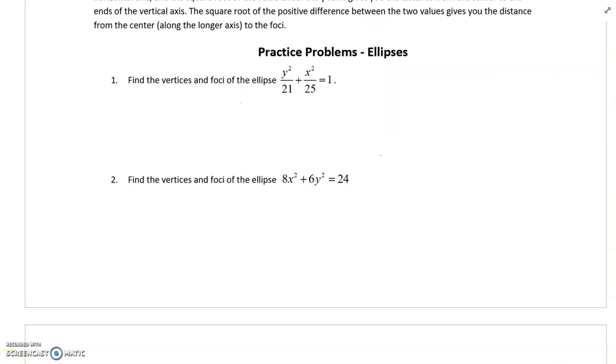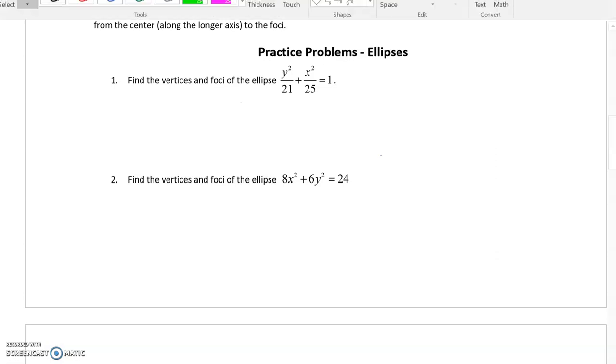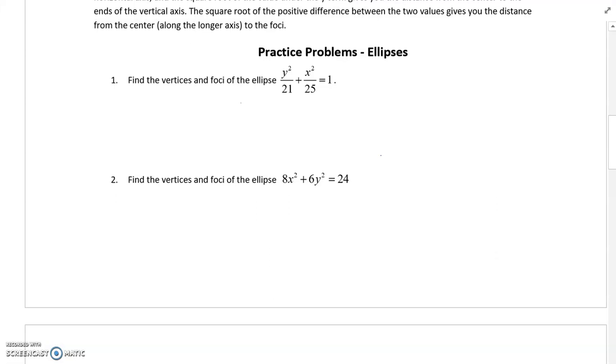Okay, so in the first problem, the center is 0, 0, since we don't see an H and a K, and the larger number is under the X term. Notice they're not in the same order we're used to, so you've got to watch the X versus the Y. So the longer direction is in the X term, so it's a horizontal ellipse with a center at 0, 0.